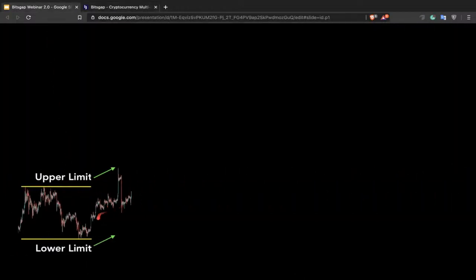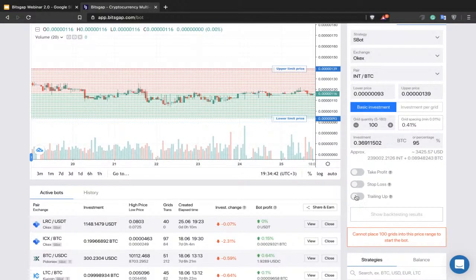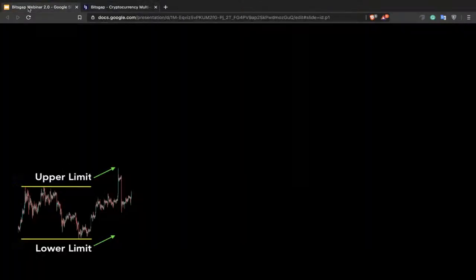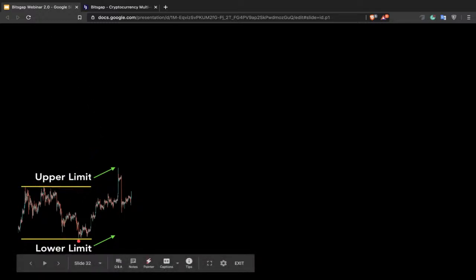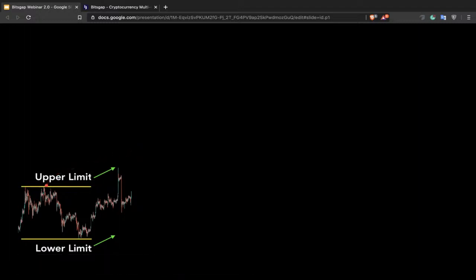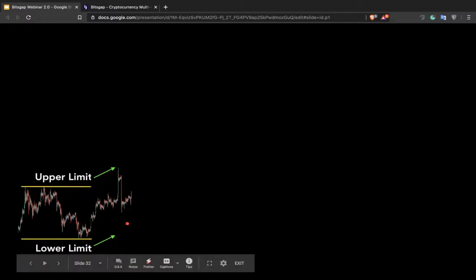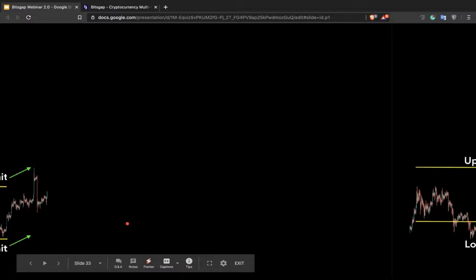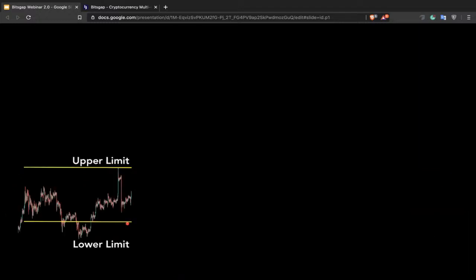Imagine the price has then moved upwards and has now reached a new higher high. So that means that with the trading up function on, you basically allow your trading range to follow the appreciation. So in this case, your upper limit price will now automatically be moved by the bot up to that point, and your lower limit price will move upwards as well, like this. So now your trading range is higher.